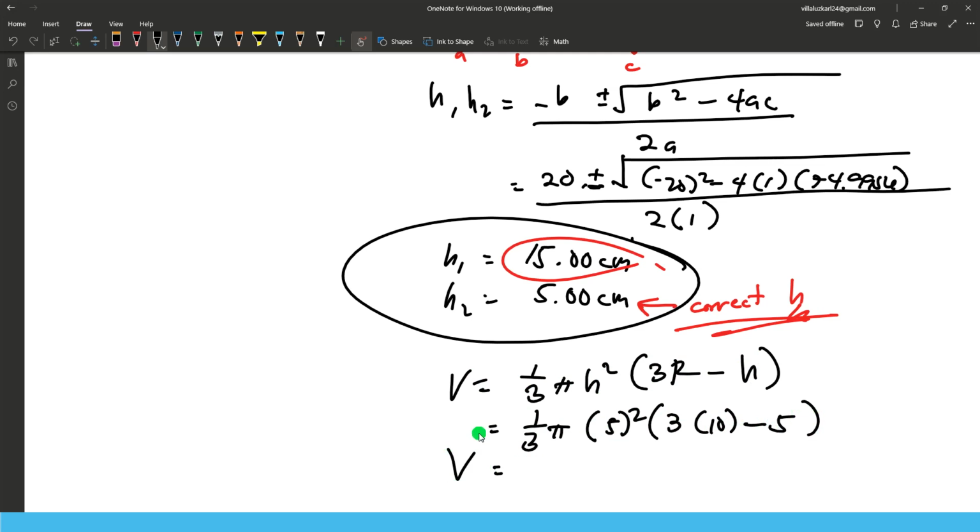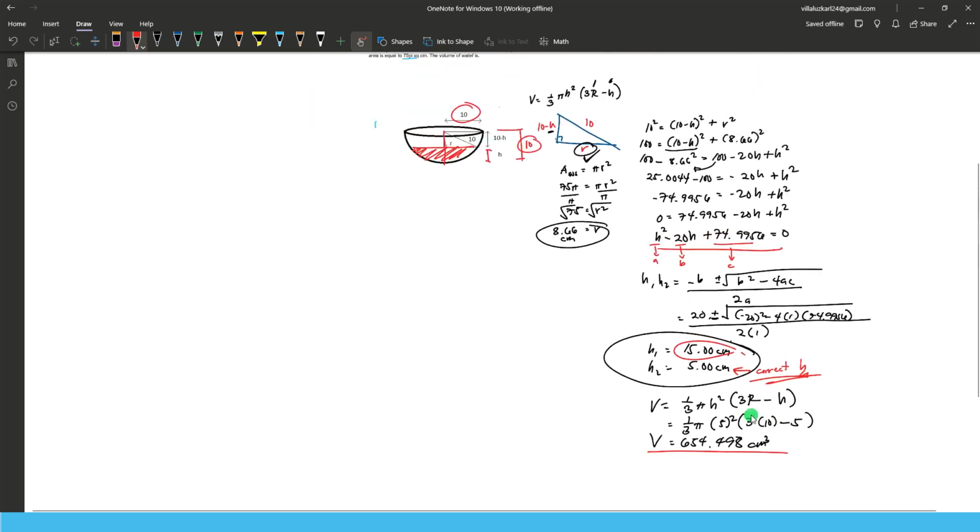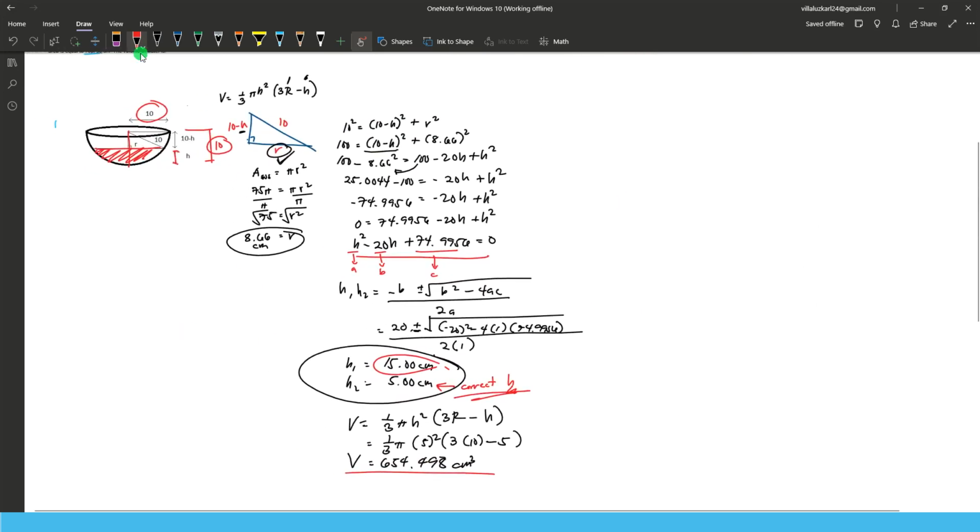That's the volume: 1/3 pi times 5 squared times 3 times 10 minus 5. Directly computing that, we have a volume of 654.498 cubic centimeters. That's the volume of the water. So that's the solution for this problem.